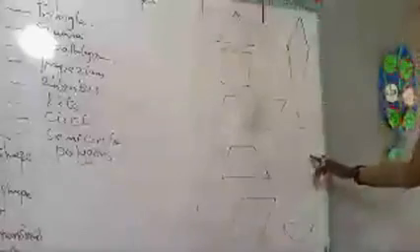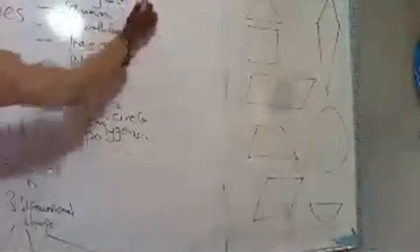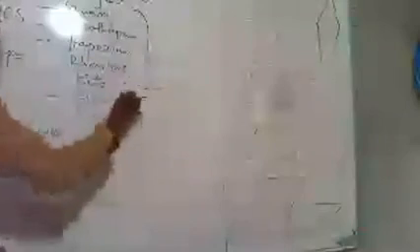Semicircle is half of a circle. And polygons. This polygon, let me explain it. The polygon starts from 3 sides. Any shape that has 3 sides is called a polygon. Starting from triangle that has 3 sides is a polygon. And quadrilateral, all these are quadrilateral. They have 4 sides.